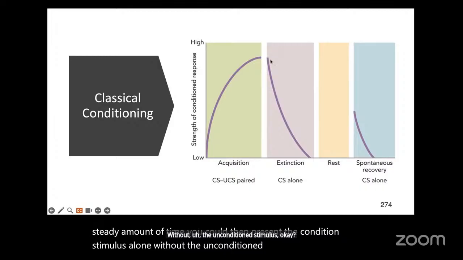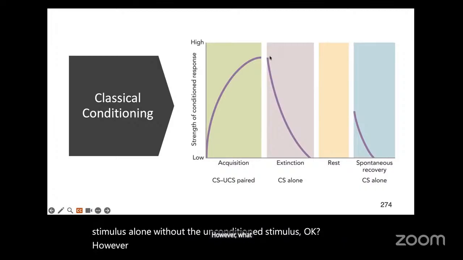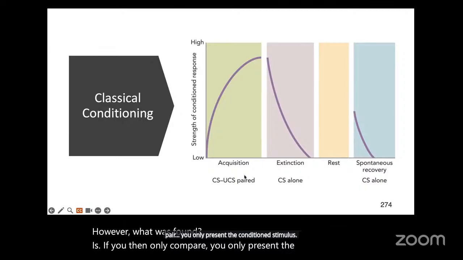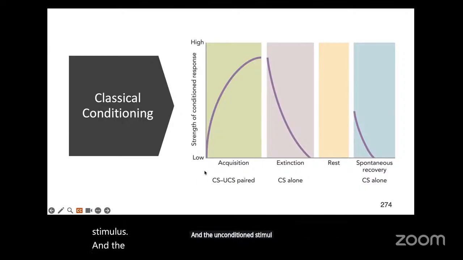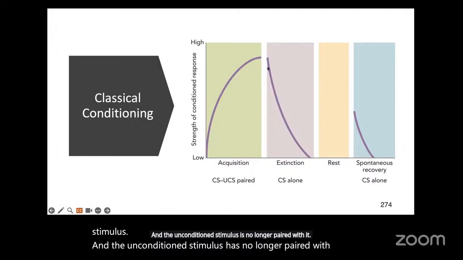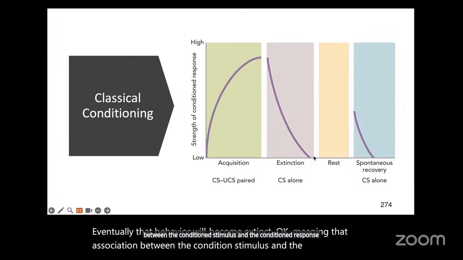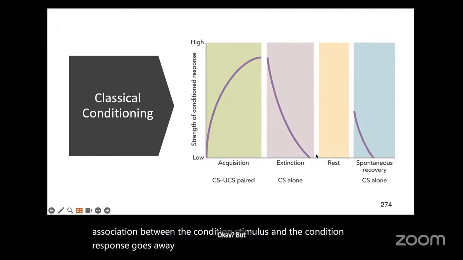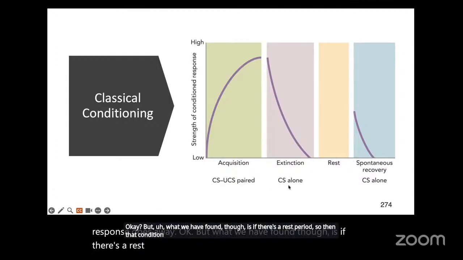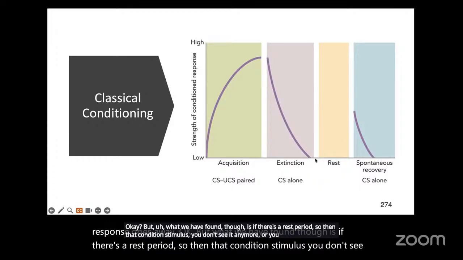However, what was found is if you only present the conditioned stimulus, and the unconditioned stimulus is no longer paired with it, eventually that behavior will become extinct, meaning that the association between the conditioned stimulus and the conditioned response goes away. But what we have found, though, is if there's a rest period, so that conditioned stimulus, you don't see it anymore or you don't hear it.